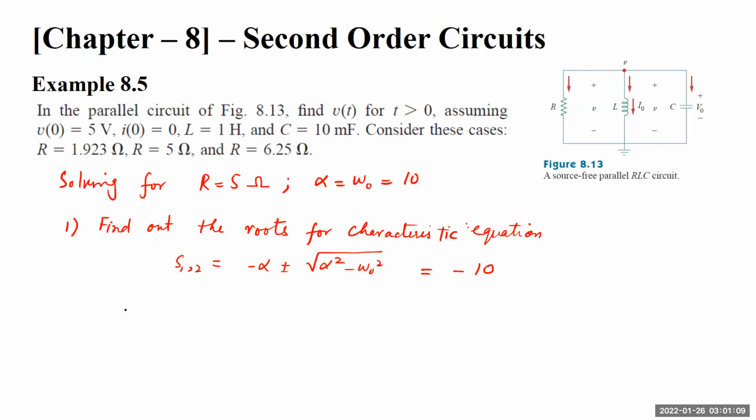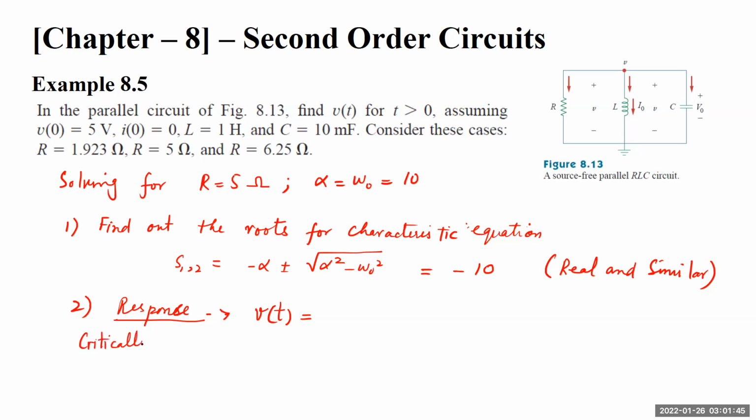Okay, step number 2, the response. We know that the response will be a voltage response, v of t for a parallel RLC circuit. For the voltage response, both roots are real and similar, so this is a critically damped response.